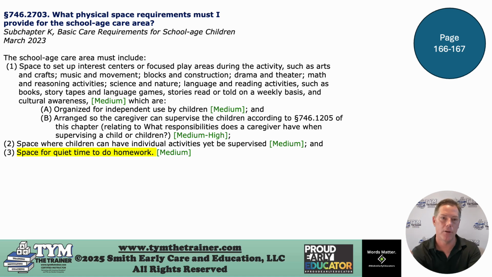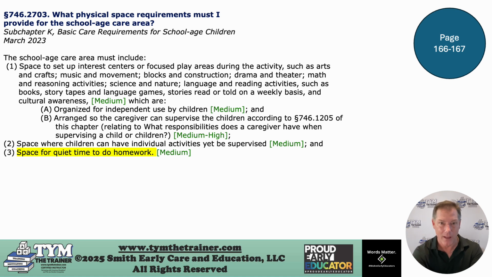It is going to tell you, when we talk about requirements for school-age programs, you do need to provide time and space for the children to do their homework. But I'm going to add to this right here. We're going to provide time and space for the children to do their homework, but we're not responsible for the outcome. Okay? It is still the parent's responsibility to check their child's homework.